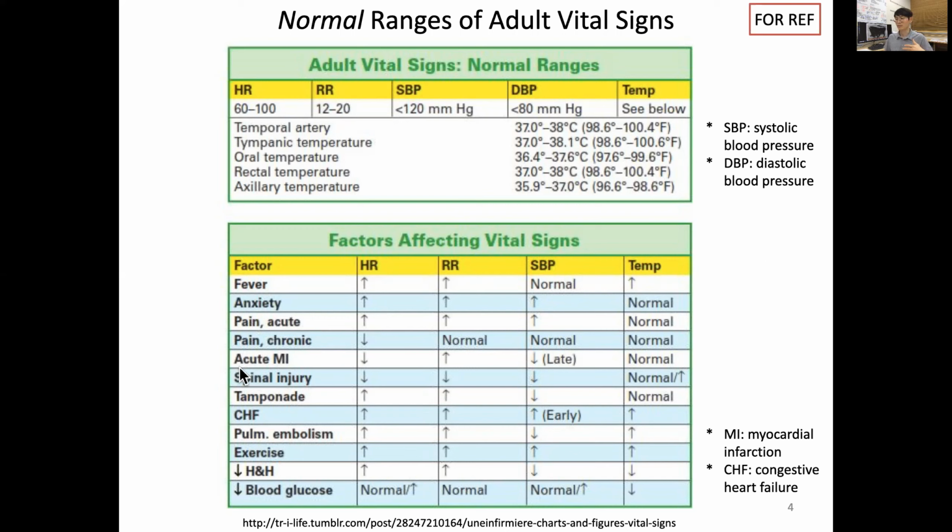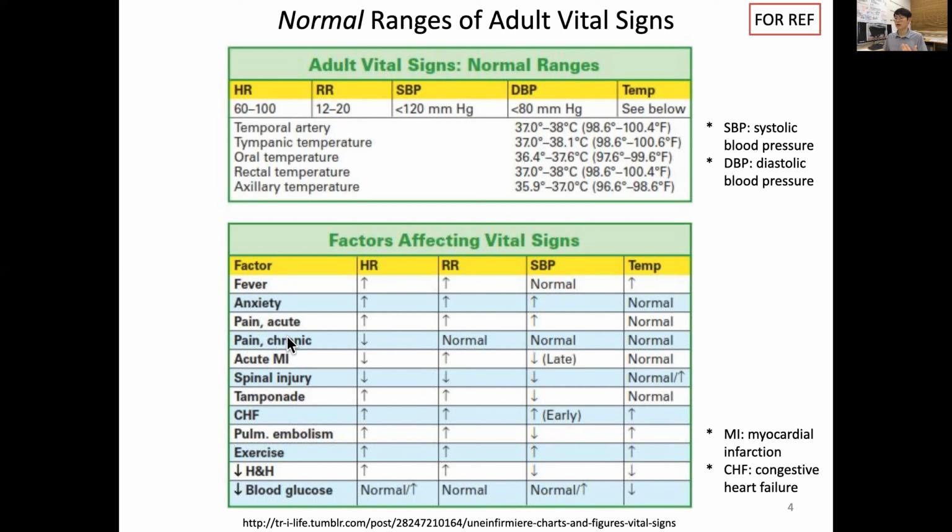Another example is acute myocardial infarction, which is like a heart attack. If it's acute, the heart cannot beat very well, so heart rate drops, while breathing is higher to compensate for the low oxygen, and because the function is compromised, systolic blood pressure goes down.